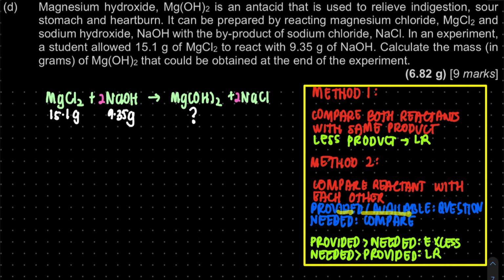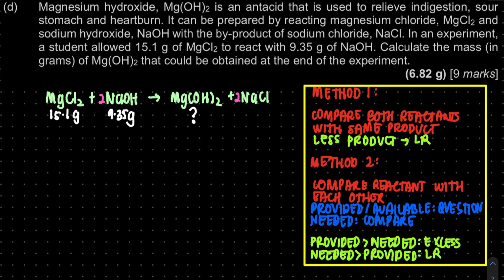Provided, or the available one, is the one given in the question. The one that you need is what you get when you compare, that 1 mole of MgCl2 is equivalent to 2 moles of sodium hydroxide. But for method 2, you're only going to compare once. Here we compare once only. This one, we're going to compare twice.